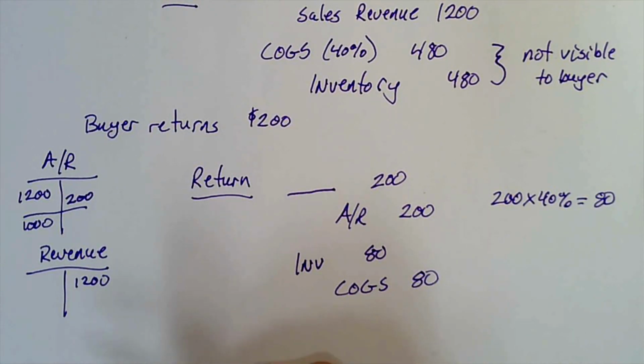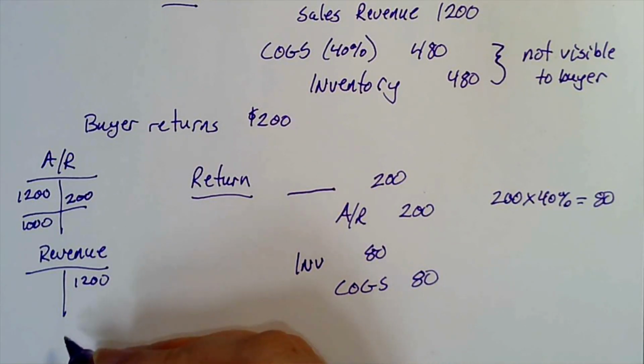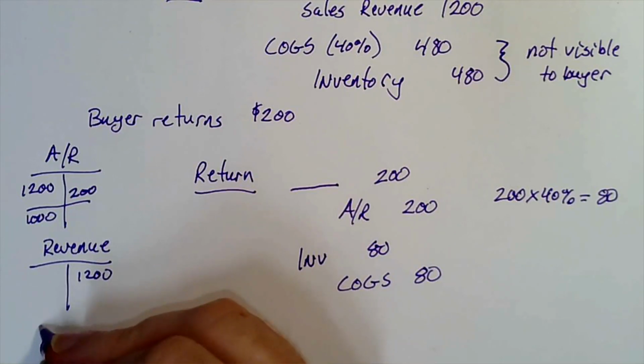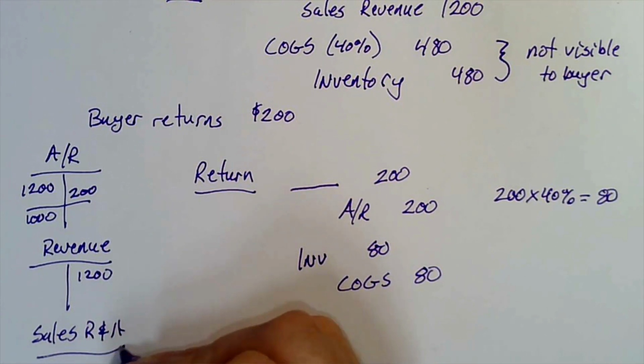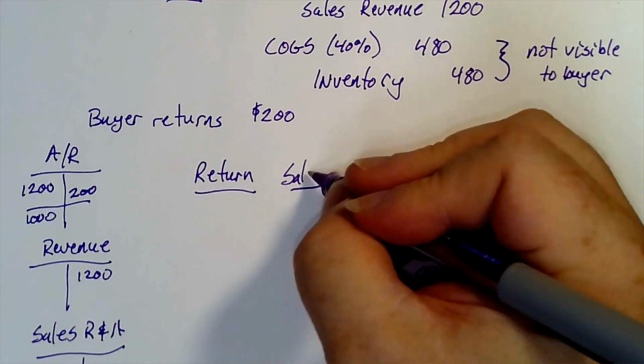Just like when we talked about purchasing equipment and depreciating it, that was a certain type of account called a contra account. Here we're not going to reduce the revenue directly. We're going to reduce it indirectly through a contra account. This contra account is called sales returns and allowances, and we will put that as a debit. So that fits the journal entry here.